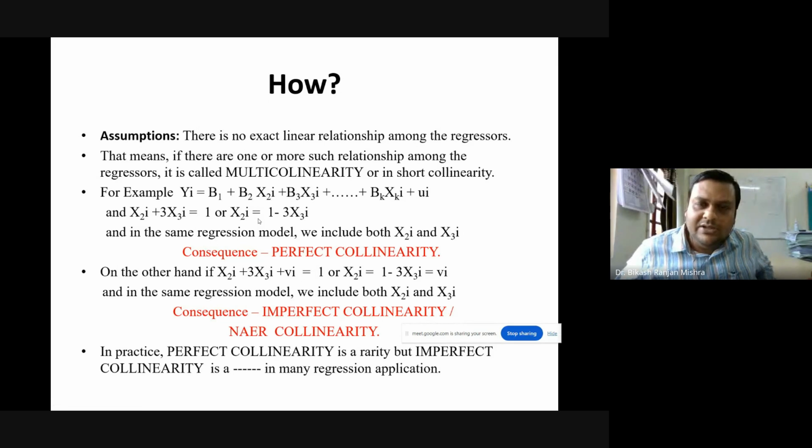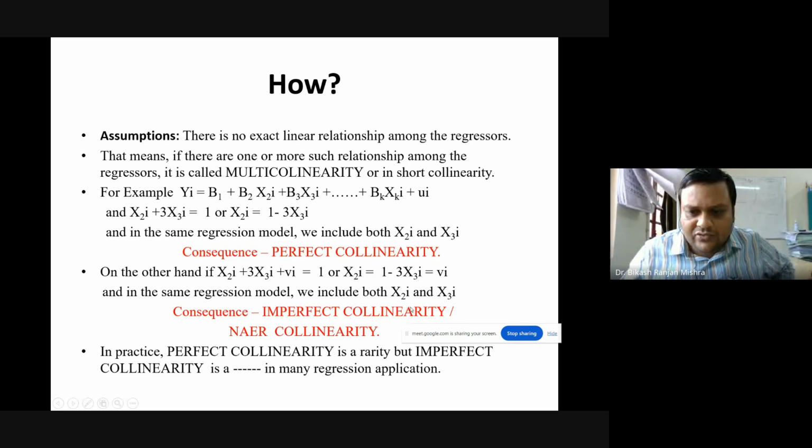If there is an interrelation, then there is a problem of collinearity, and because multiple independent variables may be related, there is a possibility of multicollinearity. If the second independent variable and some coefficient times the third variable are added together and give rise to exactly one, then it is perfect collinearity, which is hardly the case.